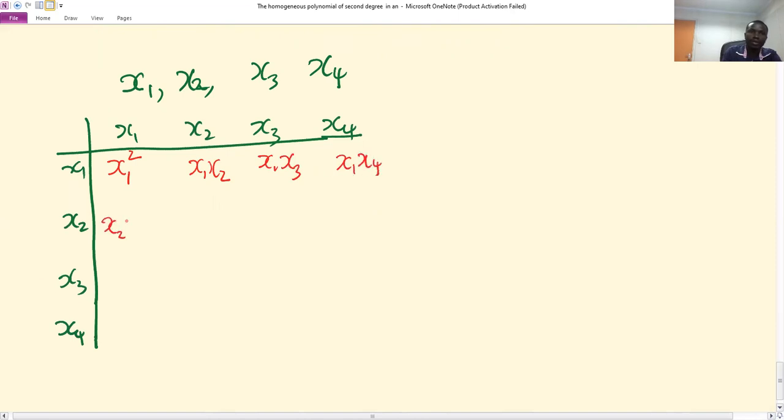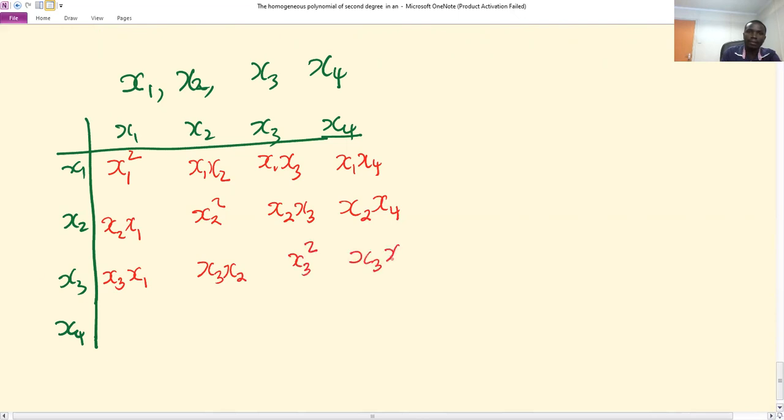This will be x2 x1, this will be x2 squared, x2 x3, x2 times x4. This by this will give us x3 x1, x3 x2, x3 squared, and then x3 x4.